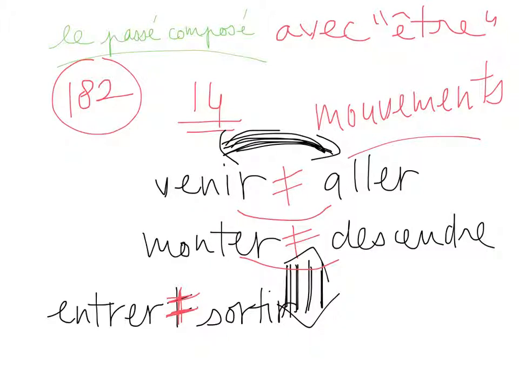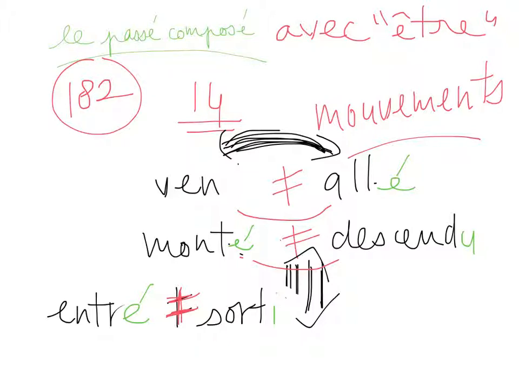So these verbs, when using the passé composé, of course, the past participle depends on the verb. So aller, monter, that's pretty easy. Entrer also, very straightforward. But if we are talking about sortir, sortir is an I, right here. Descendre is a U, descendu.